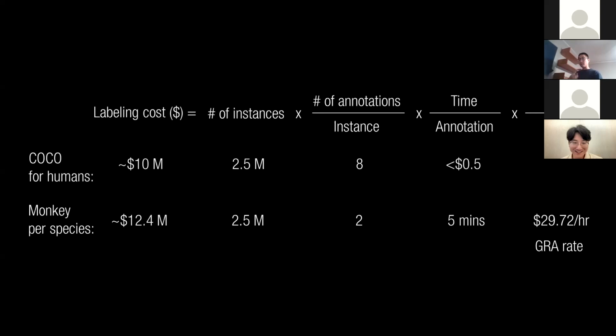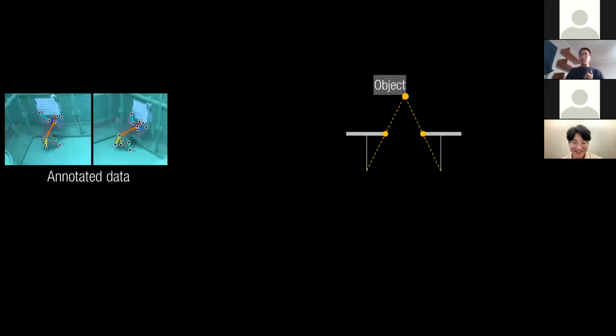So then how do we resolve this challenging problem? My idea is that a multiple camera system can significantly reduce the required amount of annotation. That's my hypothesis. So let's consider these two images taken at the same time instance from different views. This is one monkey seen from different viewpoints.